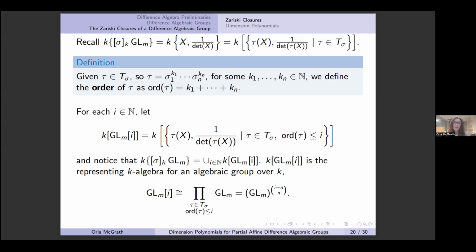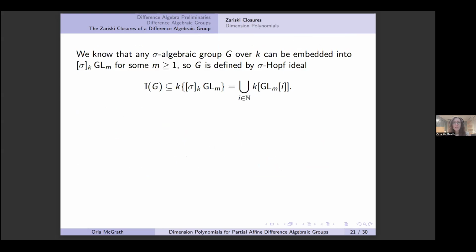And we can use the fact we know a lot about this, and we know that every difference algebraic group can be embedded into this. So for any difference algebraic group, we have a difference Hopf ideal of our difference algebra, which is actually then a difference Hopf ideal of this infinite union of K algebras.